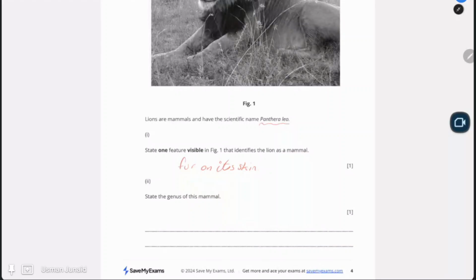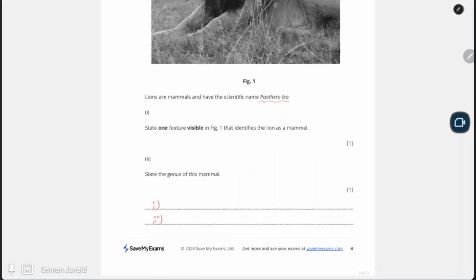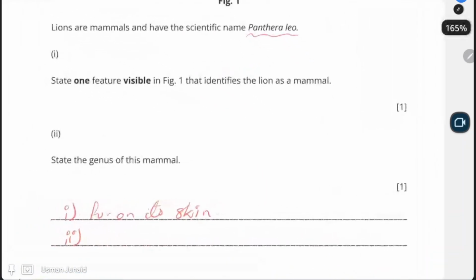So again, genus. How do we see genus? From the name. Can you tell me the genus of this animal? We did a similar question with the mouse.